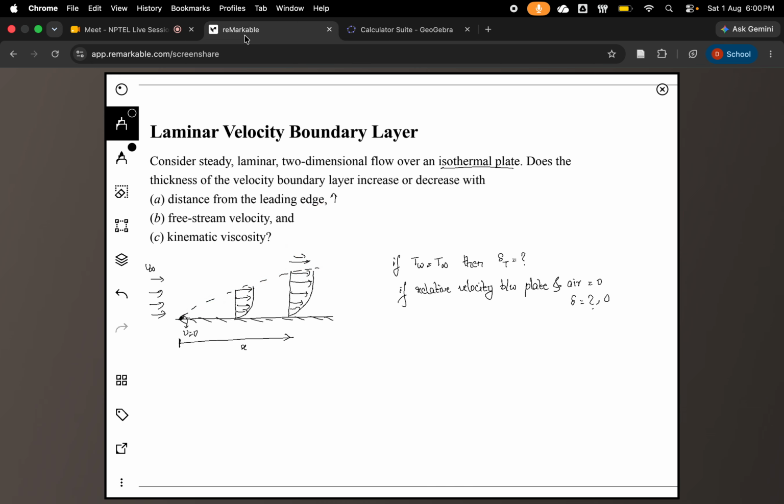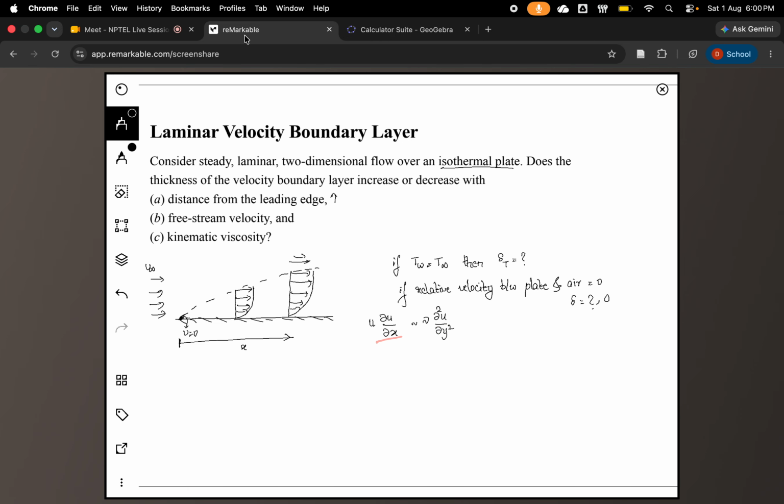Even from the scaling analysis that we already discussed before, or in the lecture videos, you find the relative contribution of the terms. If you take the boundary layer equation, the inertia term is u times del u del x versus the viscosity term, which is nu times del square u del y square. So we are trying to balance inertial forces with viscous forces.